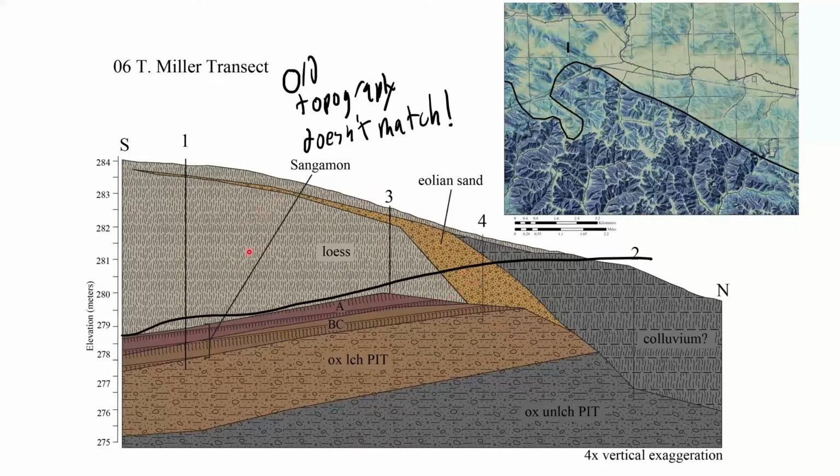So the loess would actually protect it from periglacial erosion because it can't hold water like that clay-rich till can. And then when the sand comes in, this would have been exposed to A, the sandblasting, and B, the cold temperatures, which would have caused it to fall apart and flow into Prairie Creek.